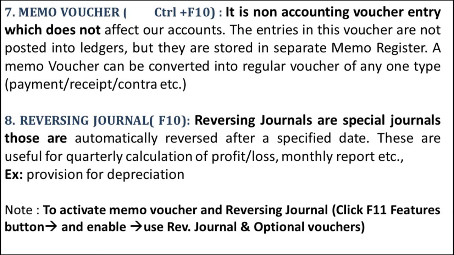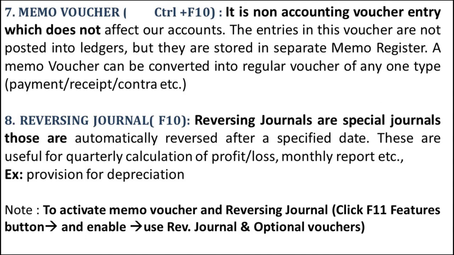An example is provision for depreciation. For depreciation provision, you want to find out how much we can reserve for depreciation, and on that basis I want to find out the profit and loss account. For that purpose, reverse journal is useful.